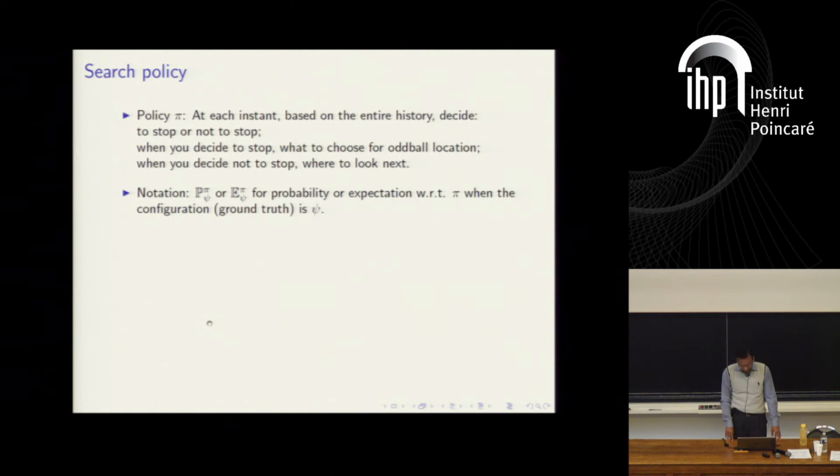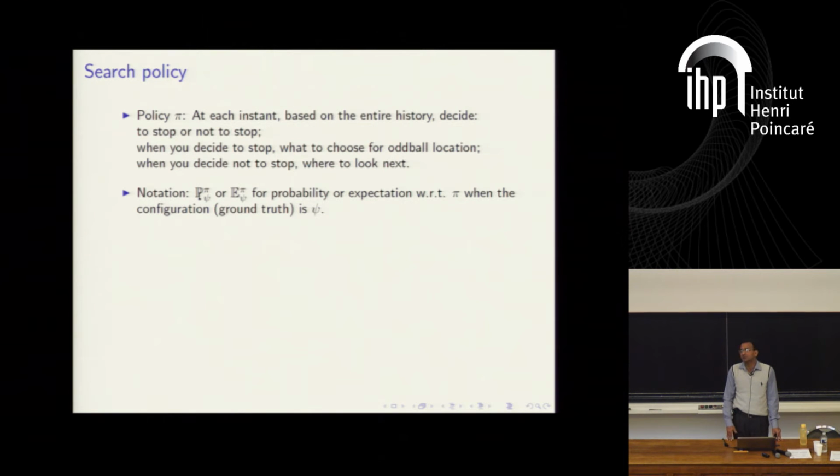And here is a piece of notation. The ground state or ground truth is psi, that's the configuration. And of course, you have a policy pi, and these two together will essentially determine the distribution of the observations and the actions that you have. I denote that by P subscript psi superscript pi, just to indicate that these are involved in the description of the measure.